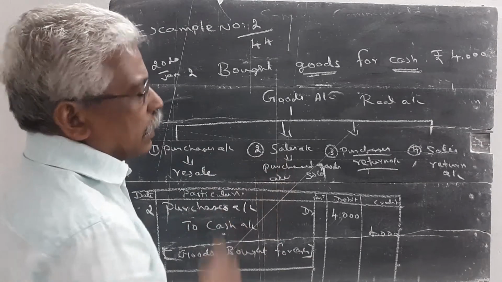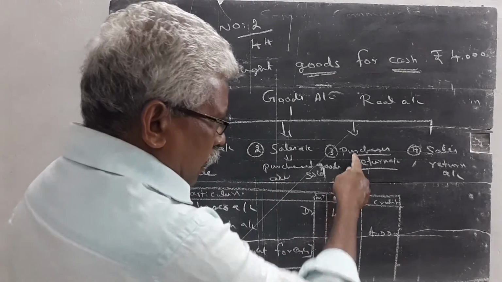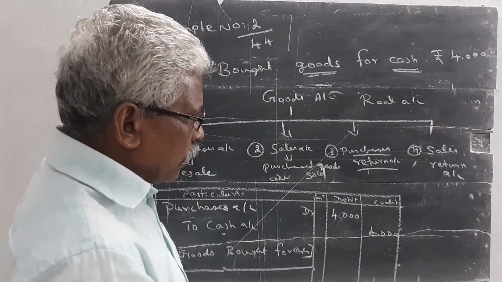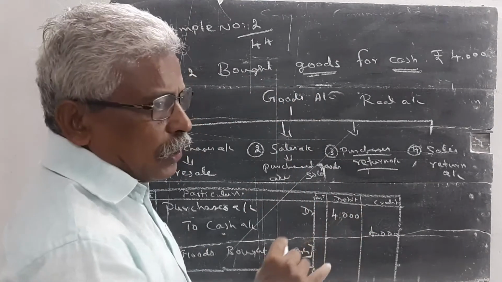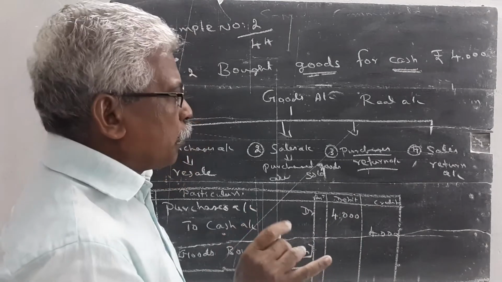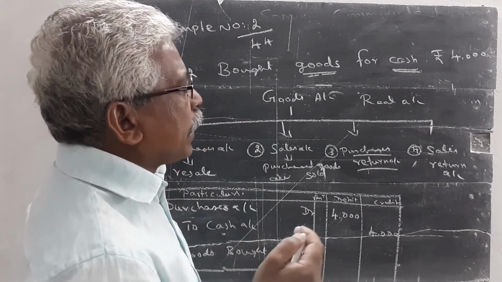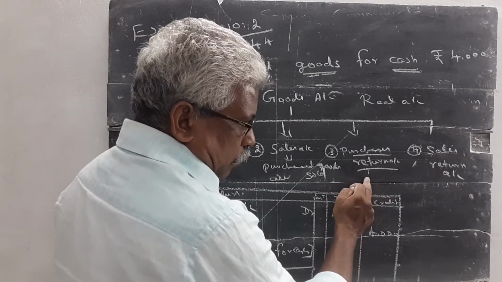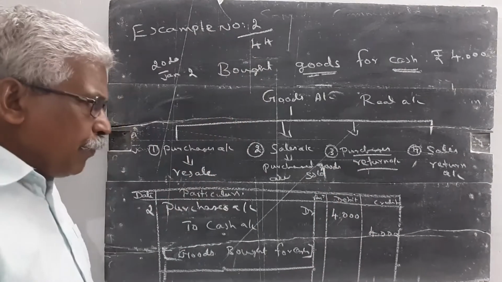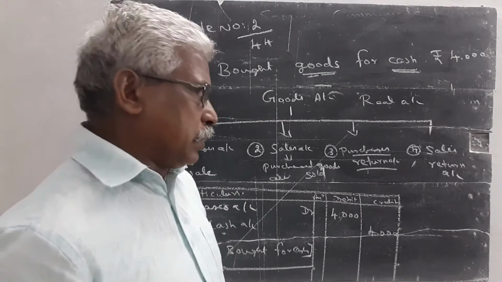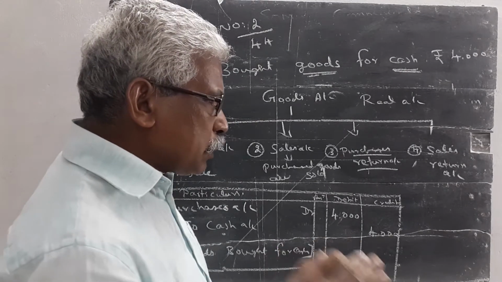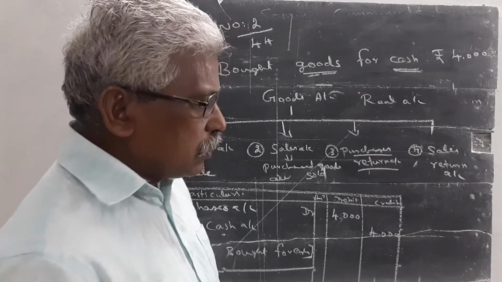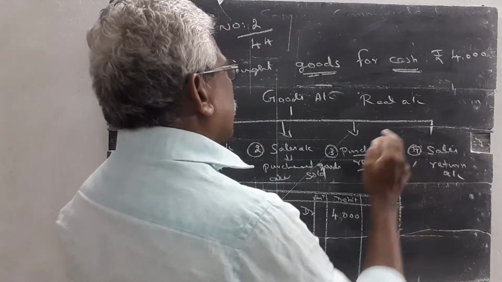Purchase return: we purchased goods from the supplier, and if we are not satisfied with the product, we have the right to return it. It is called a purchase return. Likewise, we sold goods to our customers, and if the customers are not satisfied with our product and return it to us, it is considered a sales return.